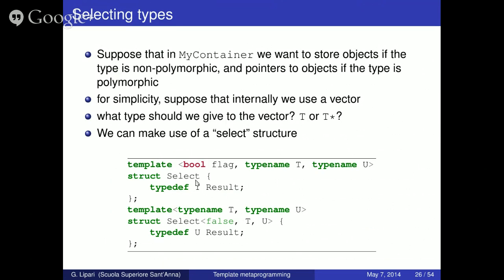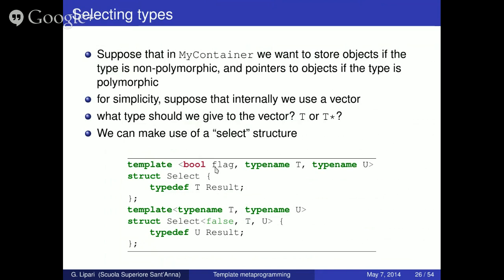This select structure comes in two specializations. The first one takes a Boolean flag, a type name T and a type name U, and it will tell you that T is renamed as result. And then you specialize select when the flag is false to take U as a result.